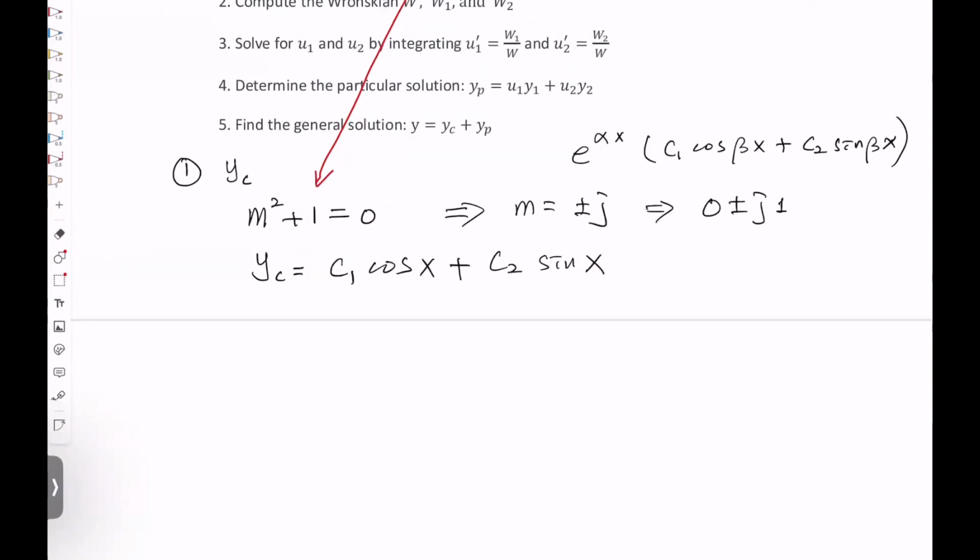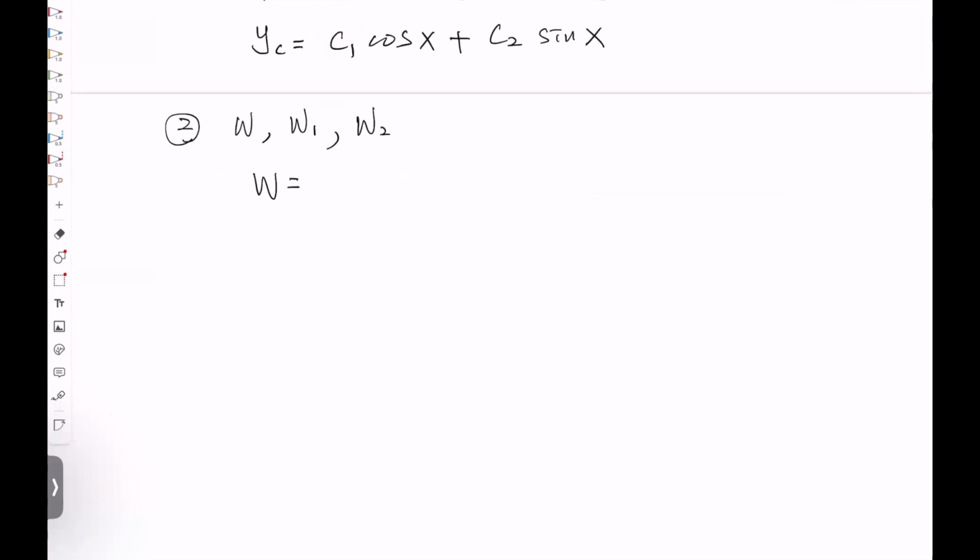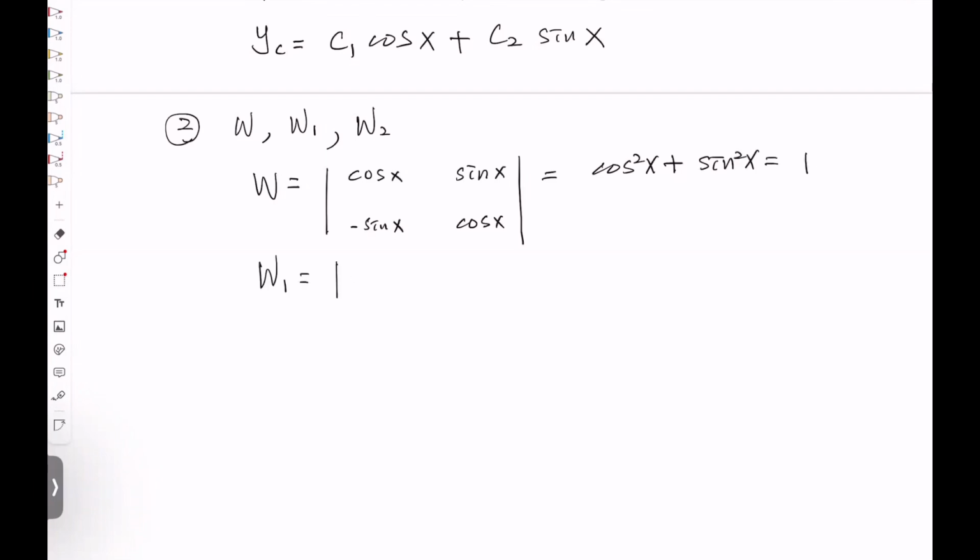Step number 2, we need to find W, W1, and W2. W equals the determinant of y1 cosine x, y2 sine x, and the derivatives, negative sine x and cosine x. AD is cosine squared x minus BC, which is negative sine squared x, which gives 1. For W1, we need to put 0 and f of x, and f of x was tangent x.